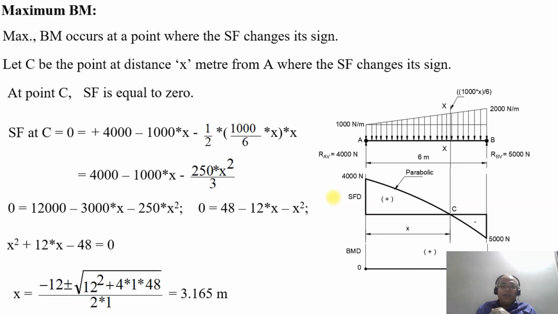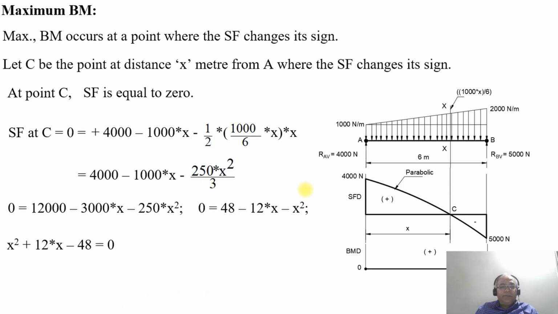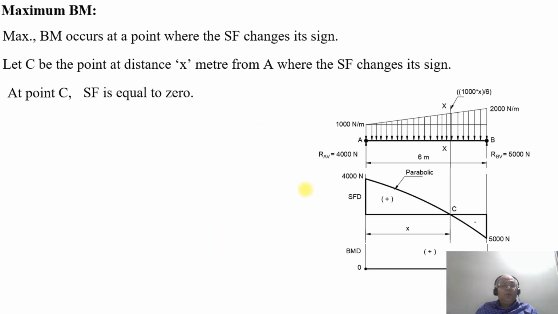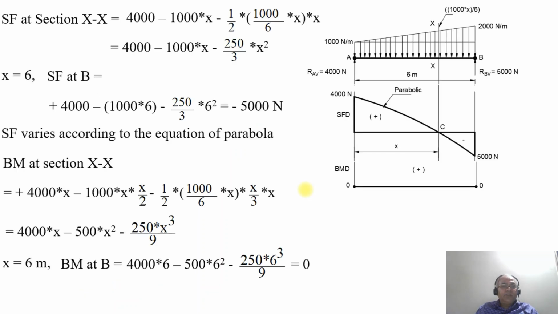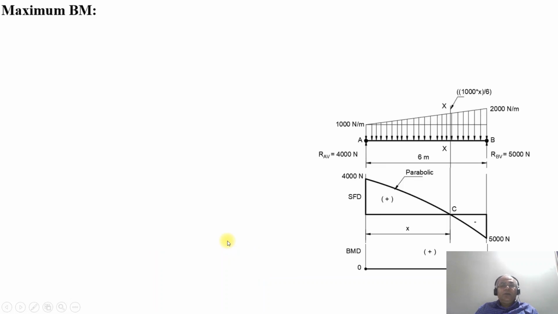So what I am trying to do here is take the expression for the bending moment, which is 4000 into x minus 500 into x square minus 250 into x cubed by 9. Considering this expression, substitute the value of x as 3.165.